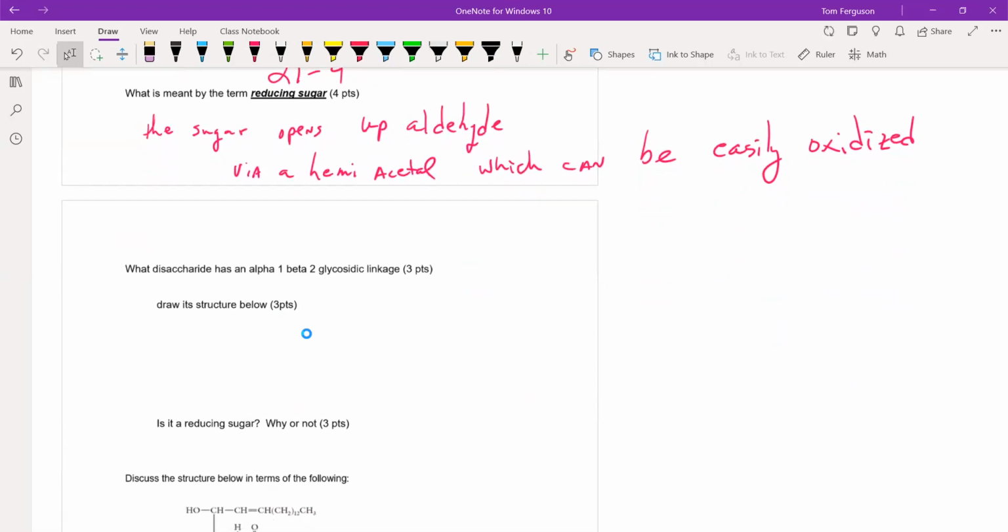What disaccharide has an alpha 1 beta 2 glycosidic linkage? That would be sucrose.